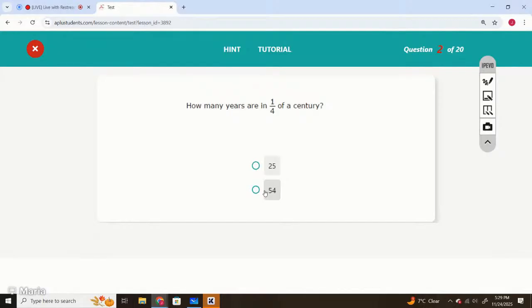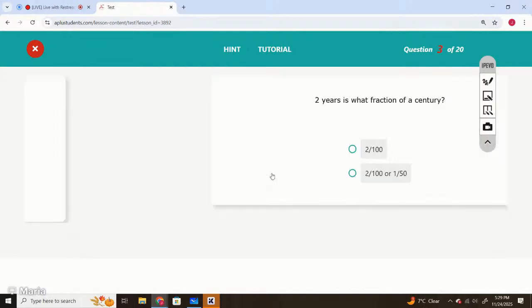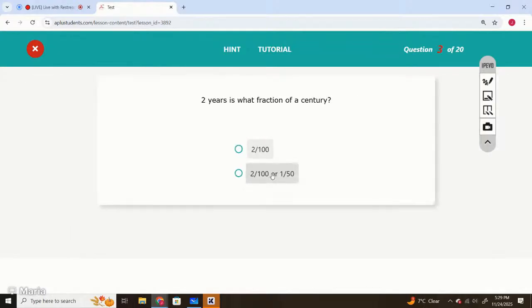So a century is 100 years, right? So 1/4 times 100 is 25. So 1/4 of a century means 25 years.